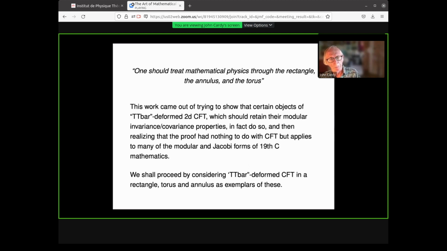So basically, this talk will be about the T-Tbar deformation of 19th century mathematics.